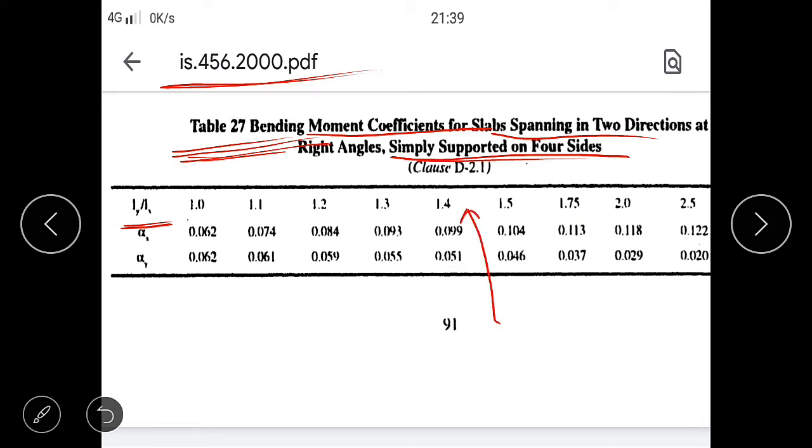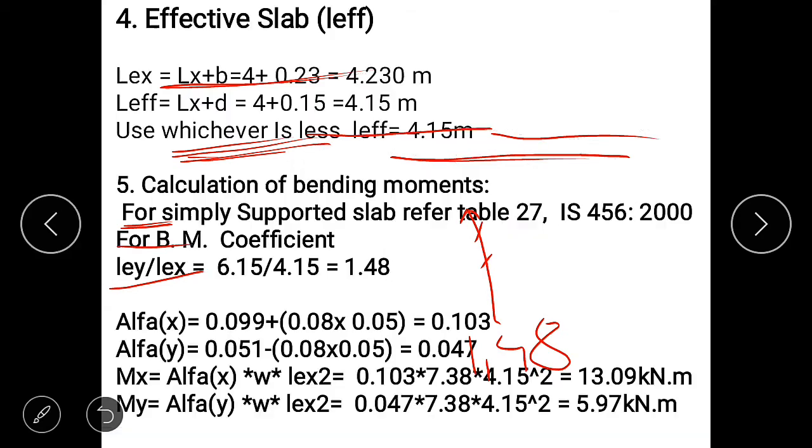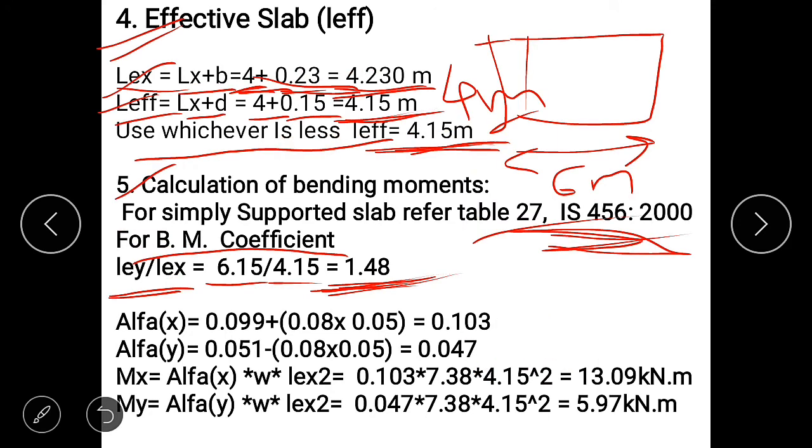So 1.48 lies between these two values. Between these two we get the values of alpha x and alpha y. By using interpolation we can easily calculate this value. How did we calculate alpha x?